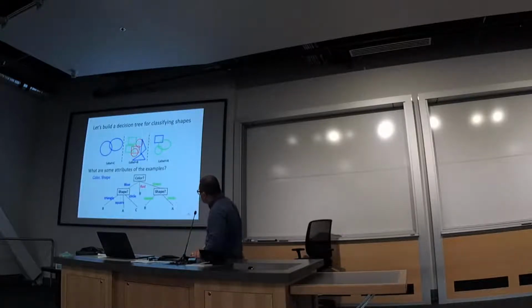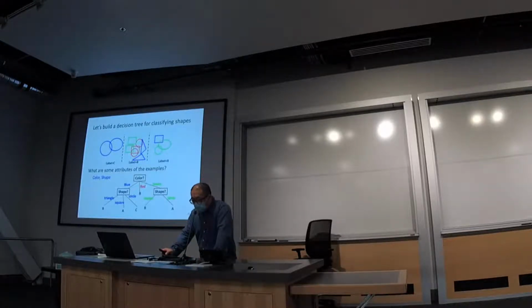Now, given this decision tree, does anyone have a clue how to do the prediction? Suppose I give you a new colored shape. How do you make a decision? How do you make a prediction of the label by using this tree?